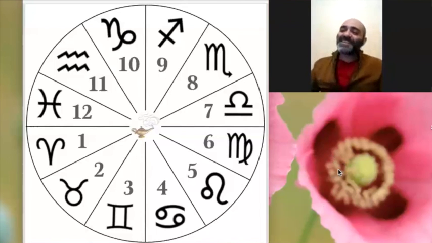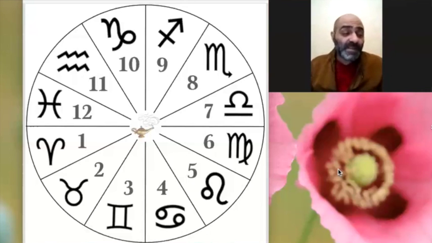And as you said, it's the house of possessions. It's the house of earning. It shows our ability to earn our resources, our ability to take responsibility. It shows our financial potential, the earning capacity.